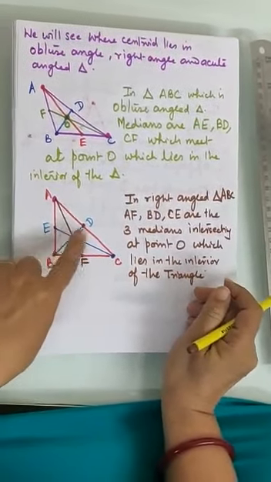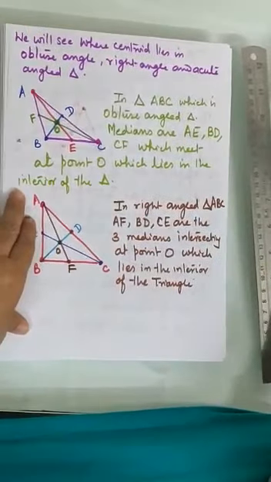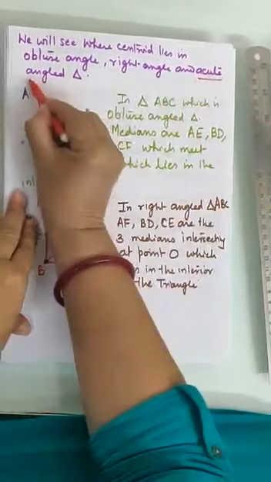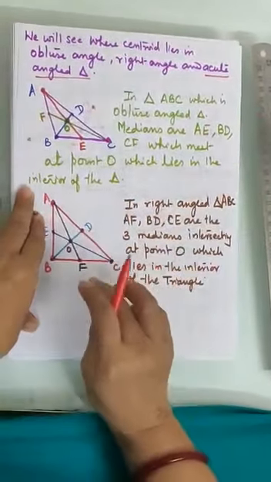O is the centroid. And the acute angled triangle we have already seen earlier, so we will not repeat it.